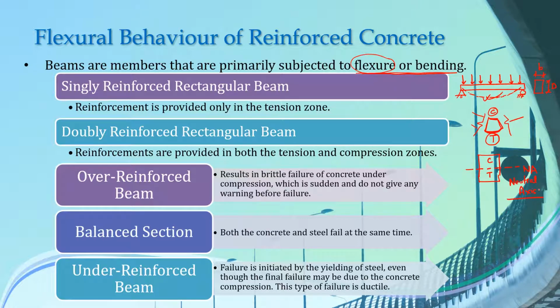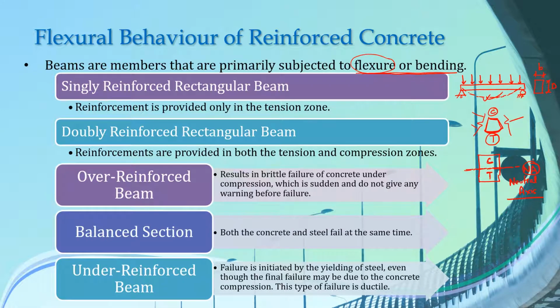We will discuss the position of this neutral axis based on different kinds of reinforced concrete beam in our upcoming lectures. But for today, just remember that this compressive zone and this tension zone are separated by an imaginary axis known as the neutral axis. And this neutral axis is a zone of zero stress. That is, there is no stress acting on this neutral axis.